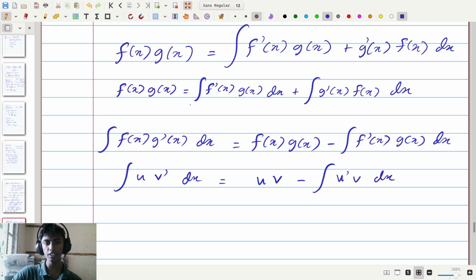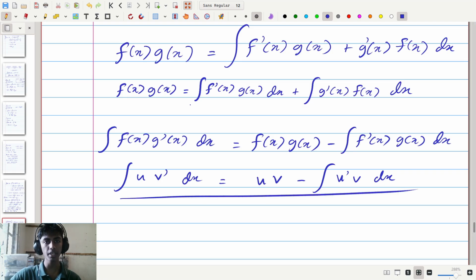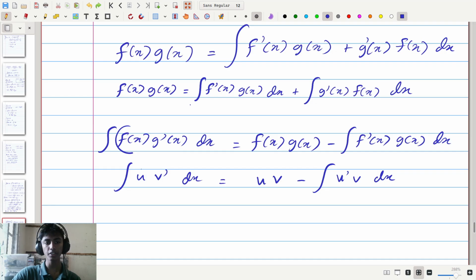This is the exact same thing. However, in the interest of being concise, we've abbreviated f(x) as a function u and g'(x) as a function v'. And so we have now written that the integral of u times v' with respect to x is equal to uv minus the integral of u'v.